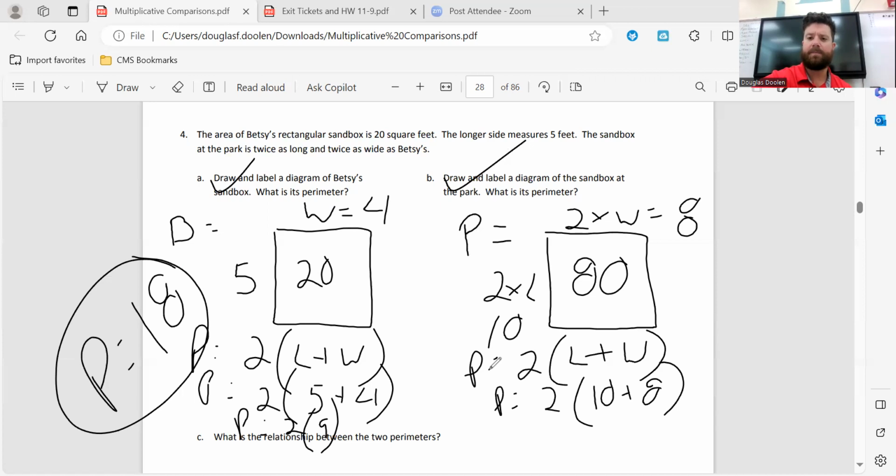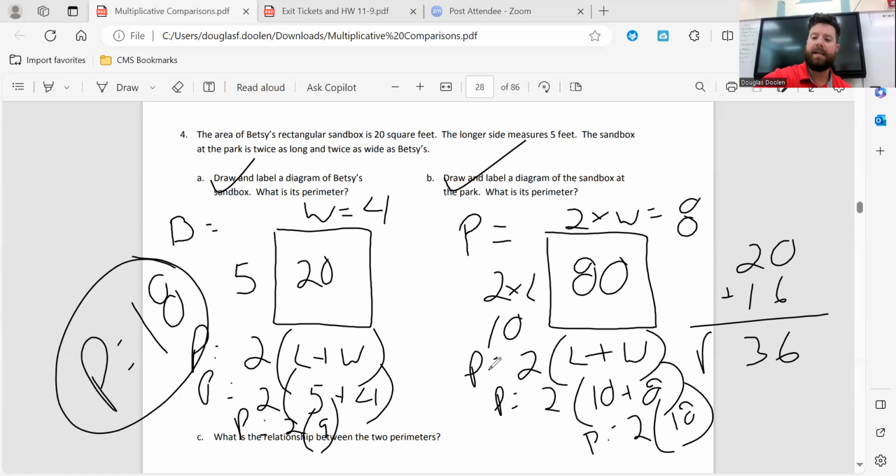What's 10 plus 8? 18, so P equals 2 times 18. 2 times 10 is 20. 2 times 8 is 16. Add those together and we get P equals 36. We have a perimeter of 36. We have a perimeter of 18. I'll give you a couple seconds to write that down.